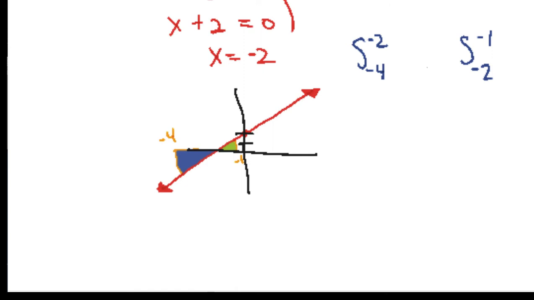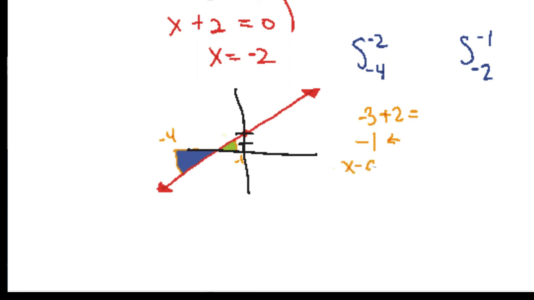So at this point, what we would need to do is plug in a test point that's in between -4 and -2, so you can plug in -3. When you plug in -3 into x plus 2, it'd be -3 plus 2, which is -1. What that tells you is that your function value, your y value, is below 0 and the x-axis is on top.